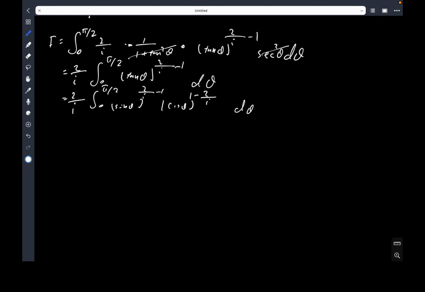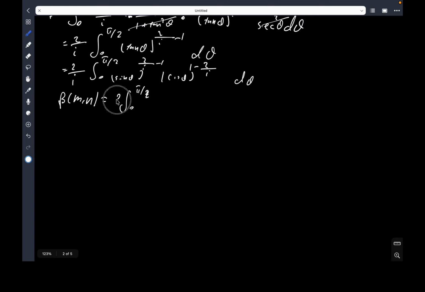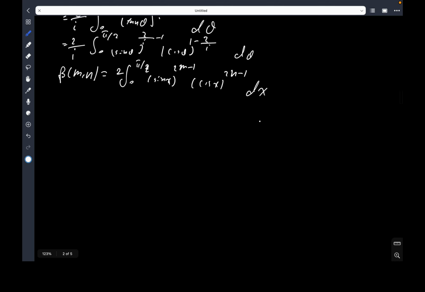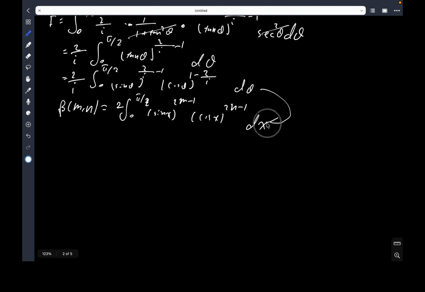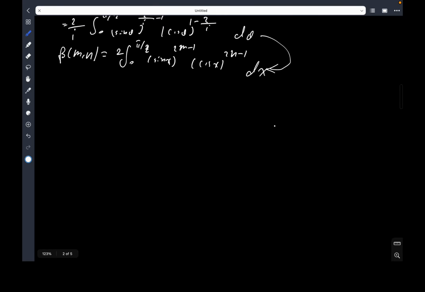Now, remember the beta function, beta of m and n, is equal to 2 times the integral from 0 to pi over 2 of sine x to the 2m minus 1 cosine x to the 2n minus 1 dx.